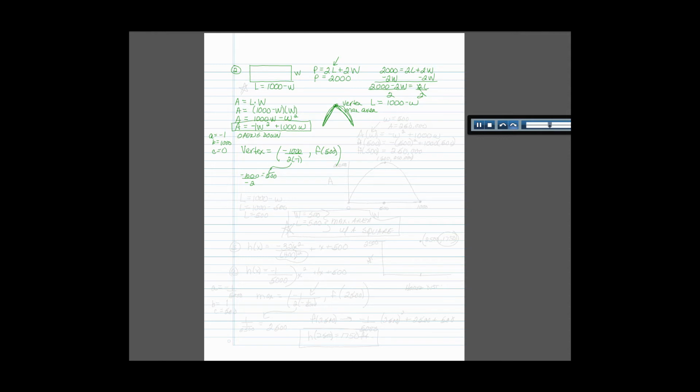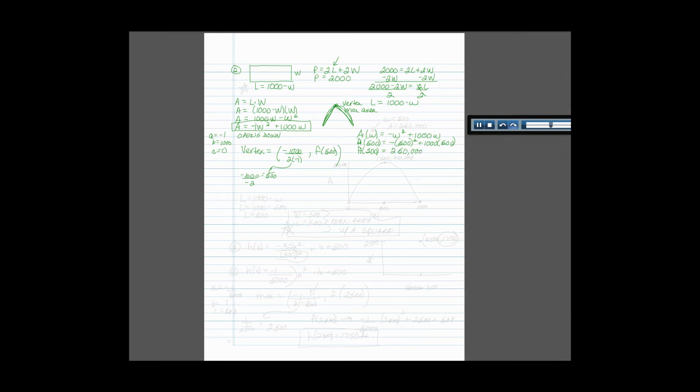A of w is equal to negative w squared plus 1,000 w. So a of 500 is equal to negative 500 squared, watch your parentheses, plus 1,000 times 500. Pop that in your calculator, and a of 500 is equal to 250,000.